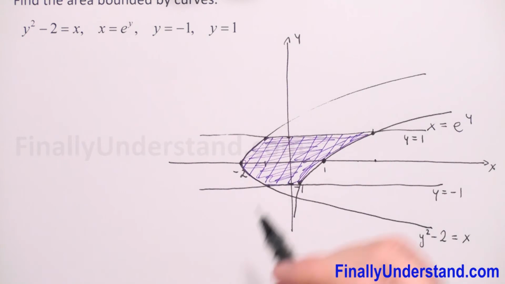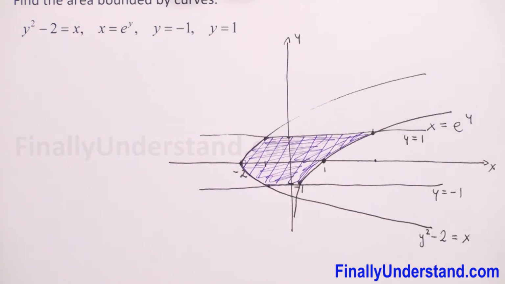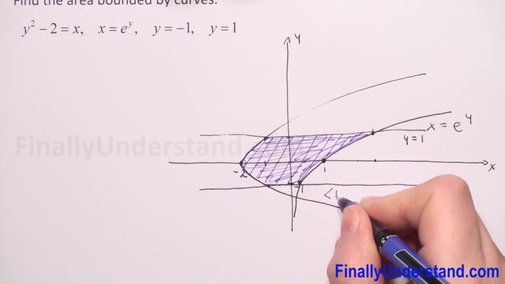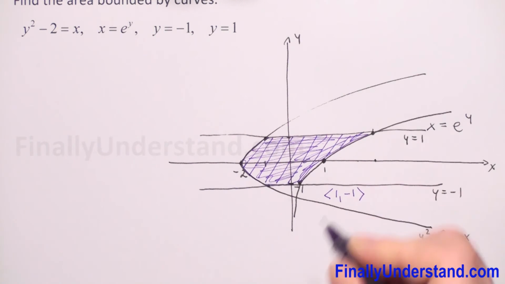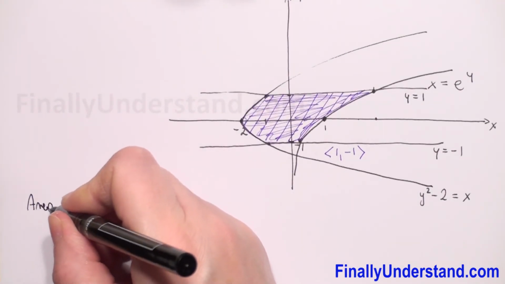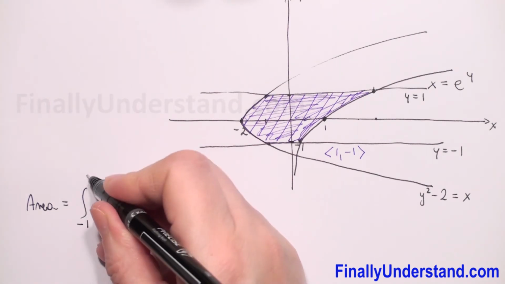Our interval is from negative 1 to 1. We will integrate with respect to y. So our area is equal to the integral from negative 1 to 1.